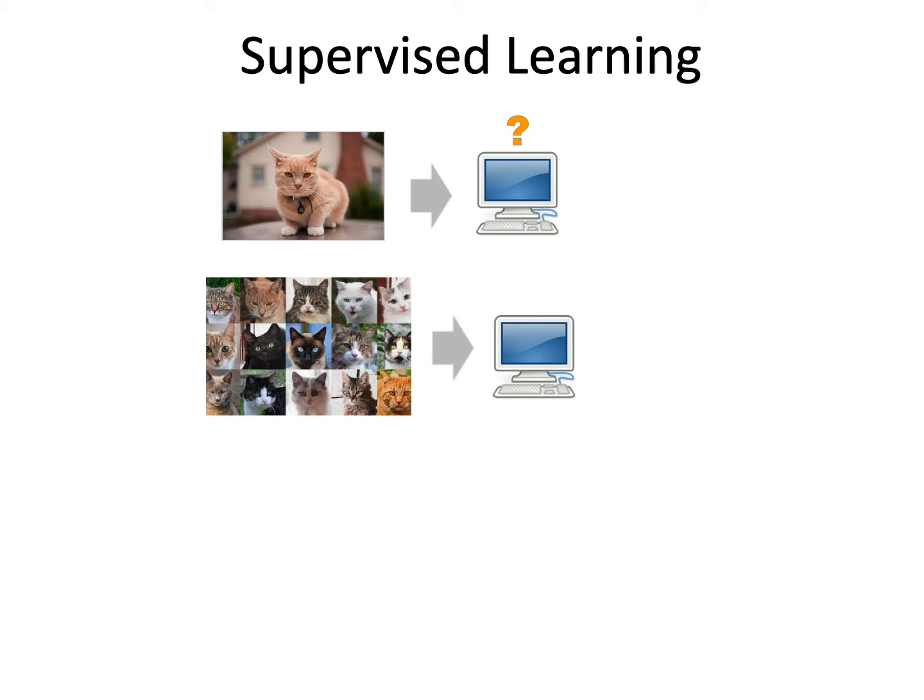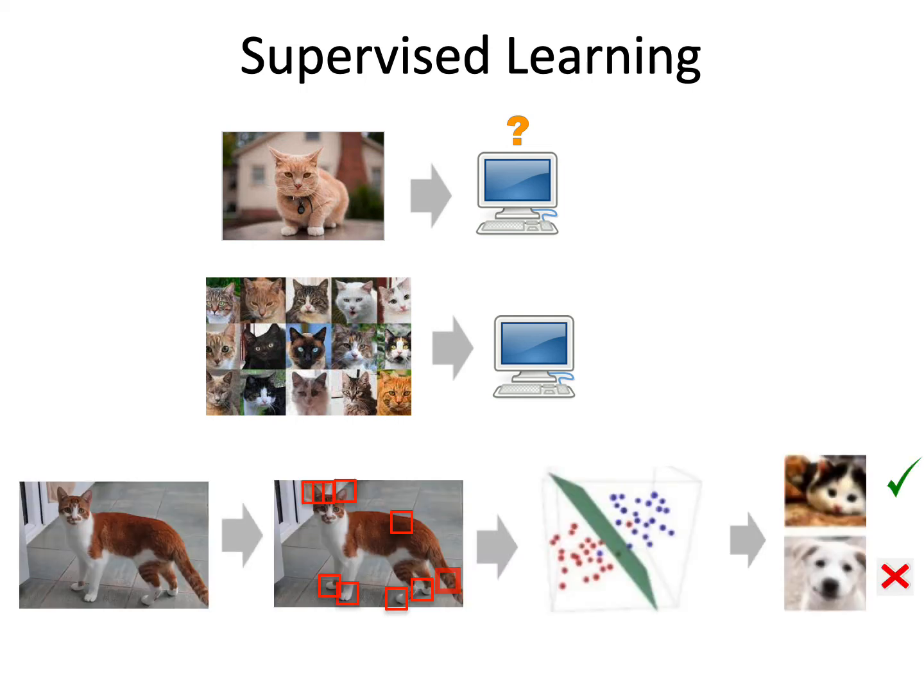Basically, it will be able to learn what a cat looks like by its different features, such as its four legs, two eyes, two ears, whiskers, and other features.